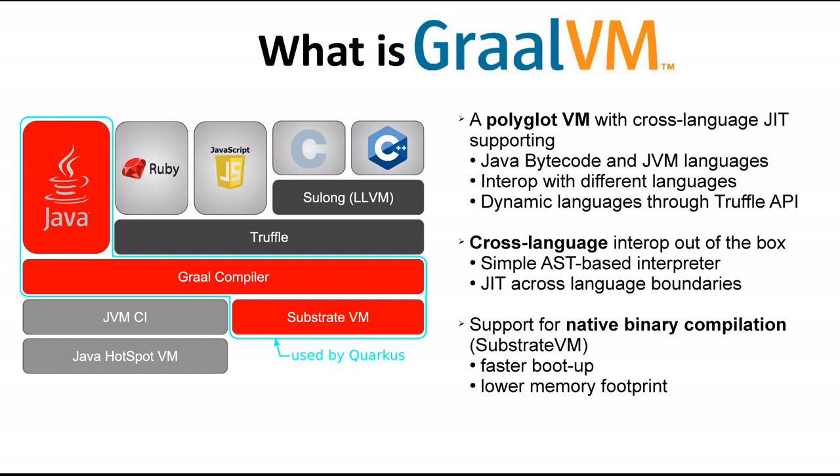First of all, we had to change something to fit it with Graal, because again, we wanted the native compilation provided by Graal. So what is GraalVM? GraalVM is a polyglot virtual machine that works with bytecode and with all languages supported by the Java virtual machine, but also with other languages like, I don't know, Ruby or Python.